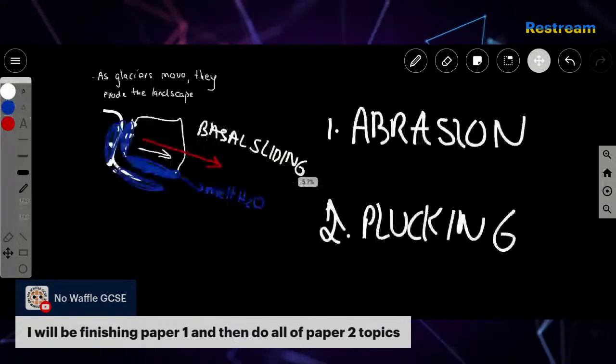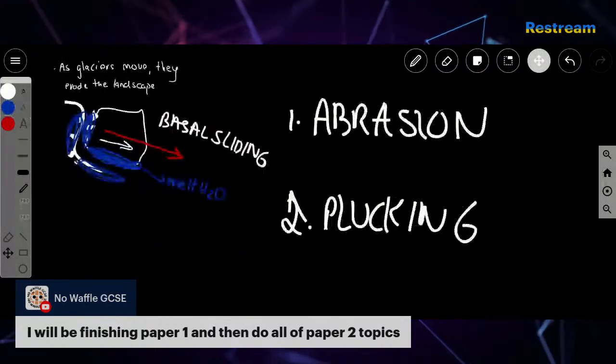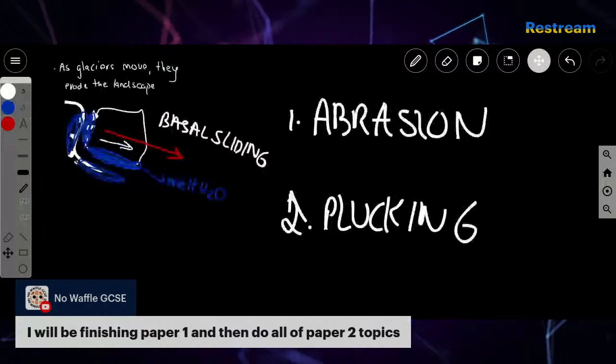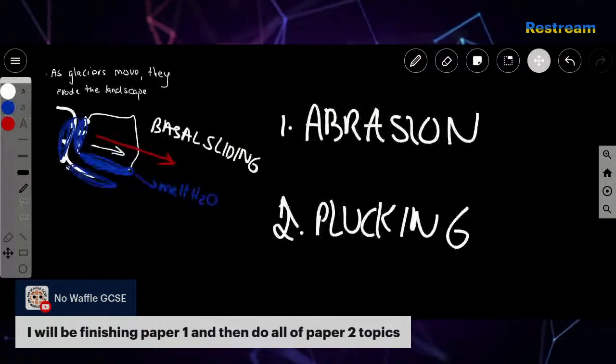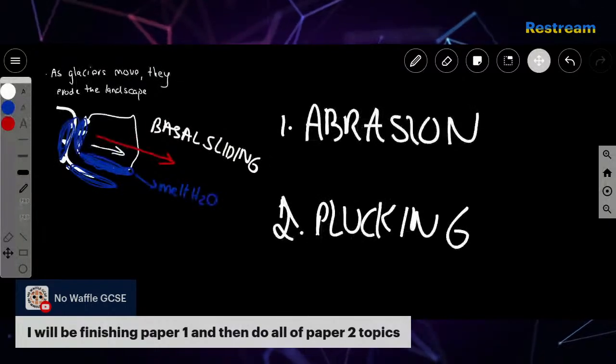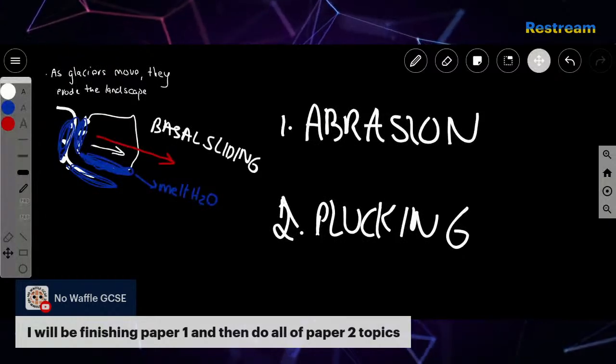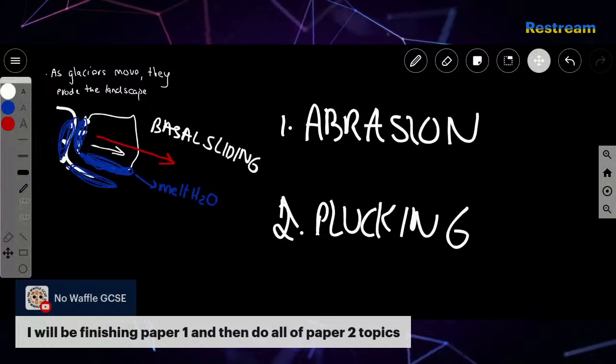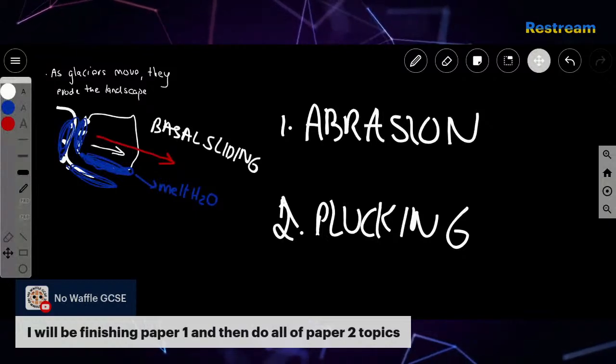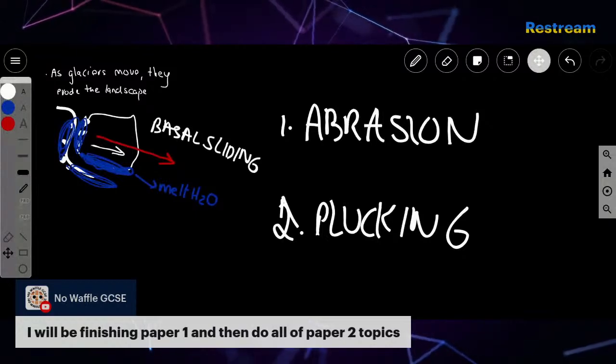Those are the two erosional methods. Luckily, there are only two, in contrast to coastal erosion having four. But there are also some other things you need to know. At the top end of the glacier, the ice does not move in a straight line but in a circular motion.